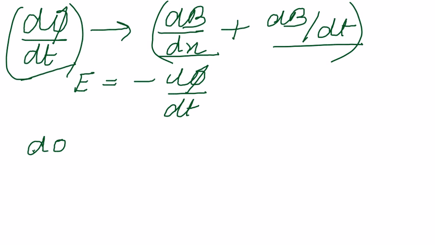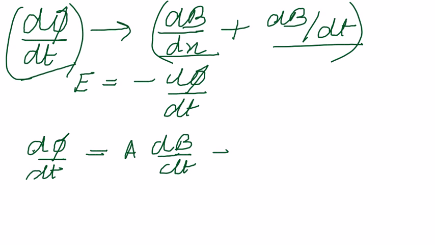The area of the loop remains constant as it moves towards the positive x direction. So d phi dt can be written as A dB dt. A is given by 0.12 into 0.12, and dB dt is 10 to the power minus 3 Tesla per second.